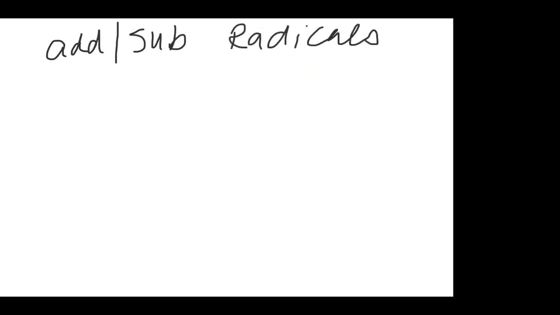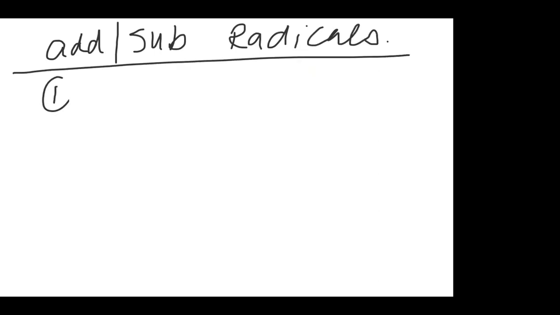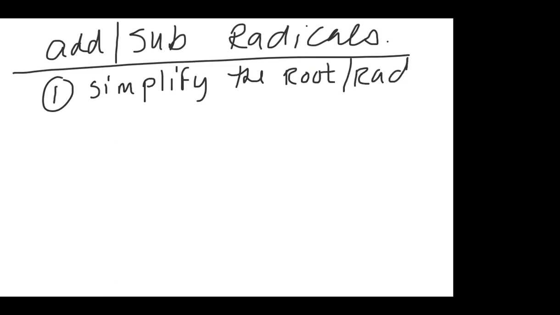Let's talk about adding, subtracting the radicals, because that one is big on the test. You will see quite a few questions about adding, subtracting radicals. So let's go ahead and talk about that. When it comes to adding or subtracting the radicals, guys, here are some steps. Number 1, simplify the root or radical if possible.